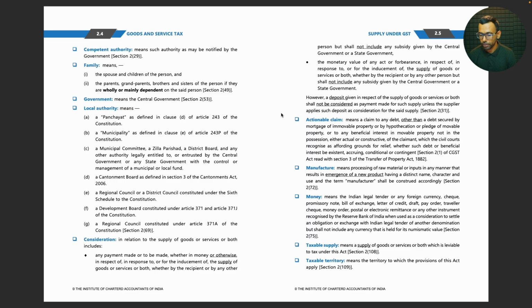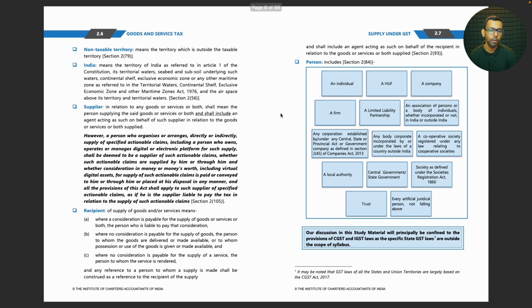Section 2, Clause 75. Taxable supply means a supply of goods or services or both which is leviable to tax under this Act. Taxable territory means the territory to which the provisions of this Act apply. Section 2, Clause 108, Clause 109. Non-taxable territory means that territory which is outside the taxable territory. Section 2, Clause 79.